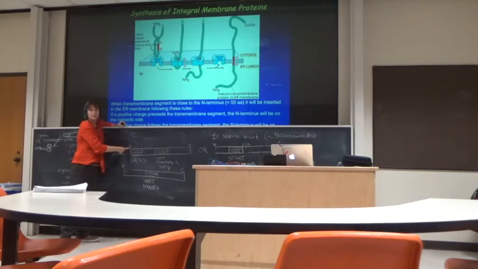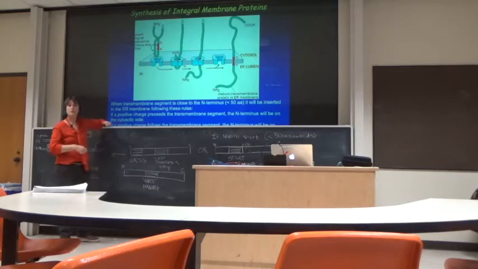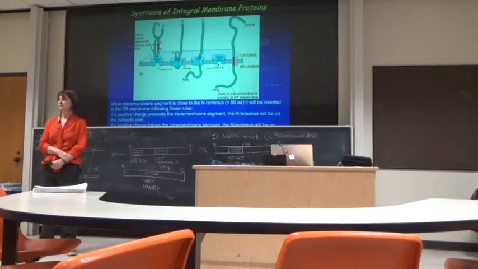And I told you that there are generally positive charges right here. And that probably does affect the orientation of that ERSS so that the cleavage site right there is exposed. I don't know anybody who's experimentally modified those amino acids to see if that affects the orientation or not, but I imagine that it does. Good question. Other questions?